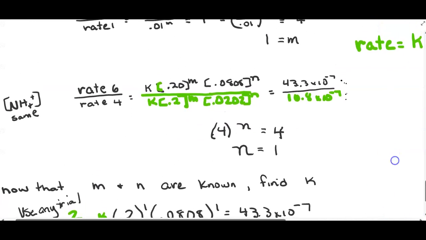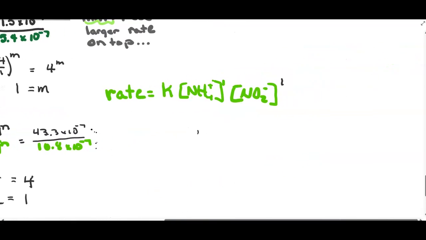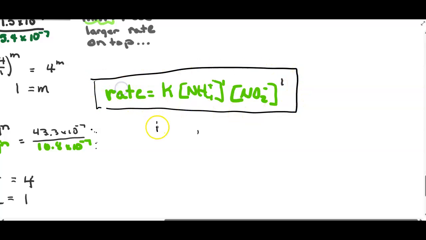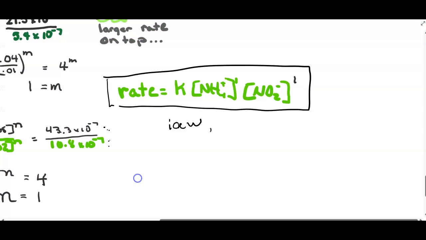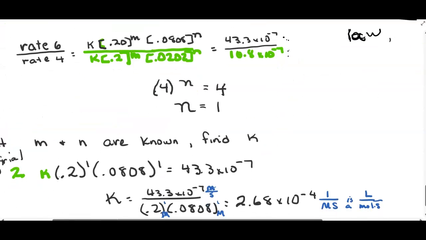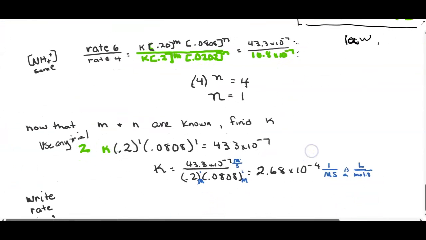Now that I know what m and n are, I can write the rate law. And that's just simply the rate law is the word rate equals the constant times the reactant raised to the first power times the other reactant raised to the first power that I just solved for. It says law, if you can't read it. All right, so now that m and n are known, I need to find k.